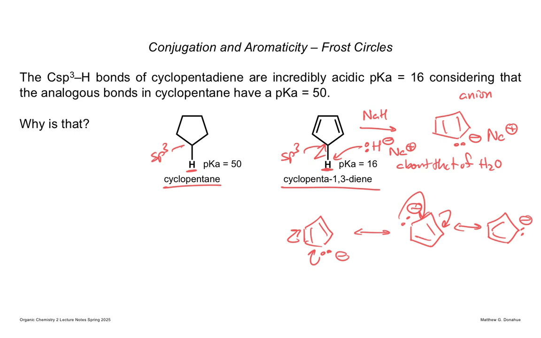Because we can do that, all the carbon atoms are sp2 hybridized because we're using the pi system to move that negative charge, the lone pair, around.